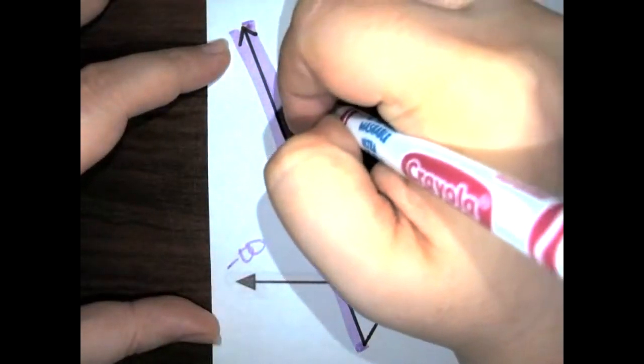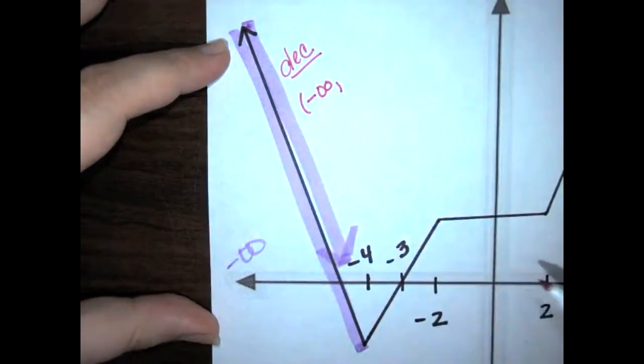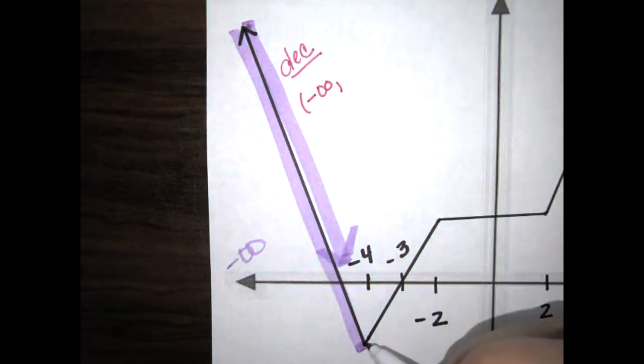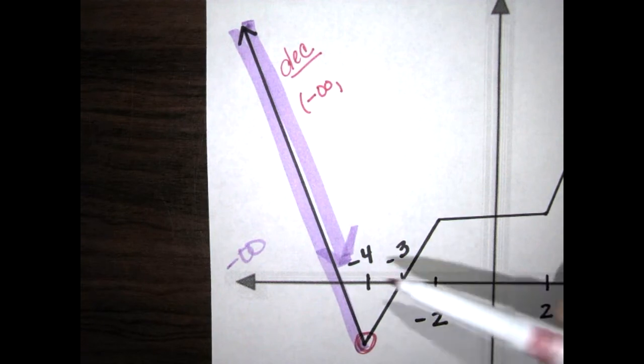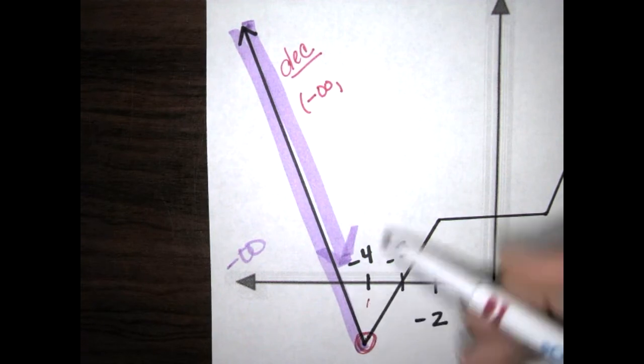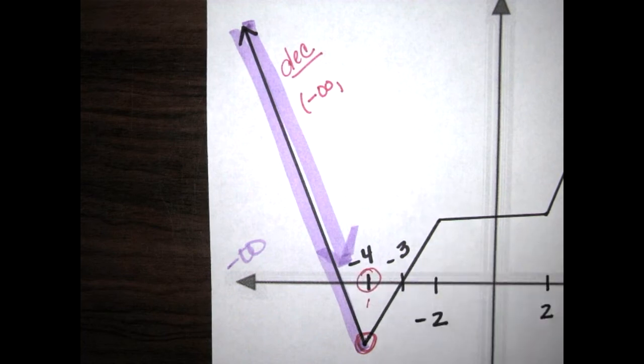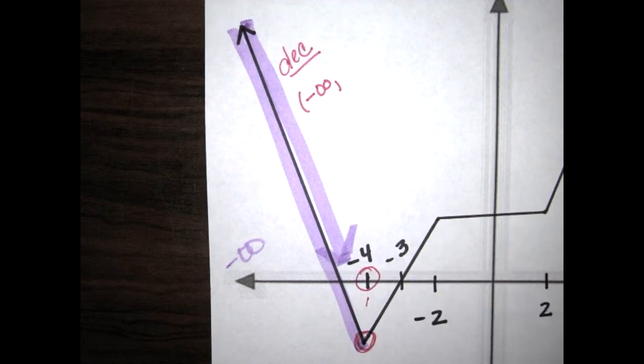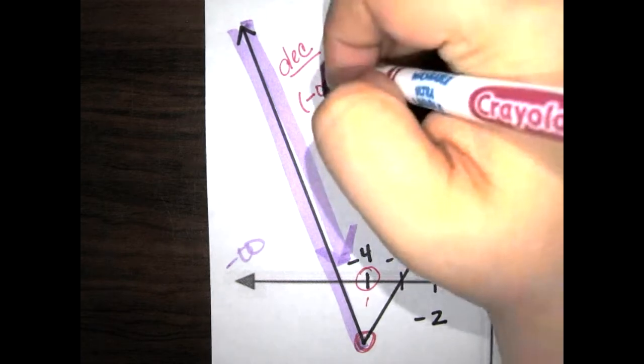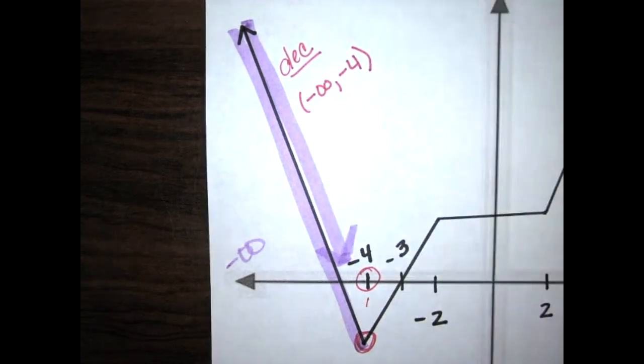So my interval goes from negative infinity all the way down to this point where I change direction. If I look up, that's occurring at this point. Now notice on my graph I did not label any y-axis values because the only thing I care about are these x-axis points. So here I'm going all the way to -4 before I change direction.